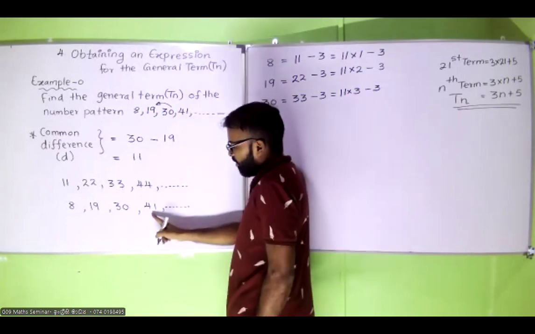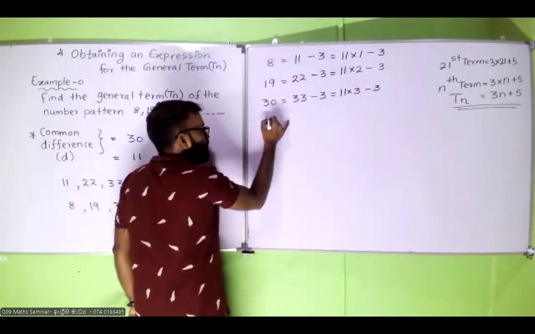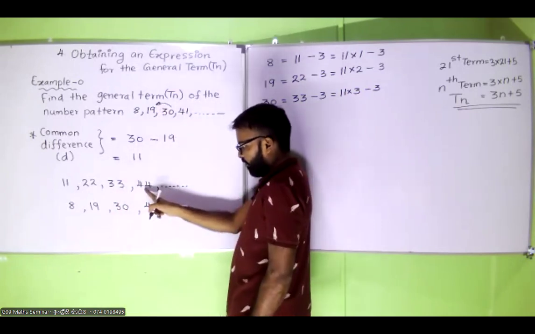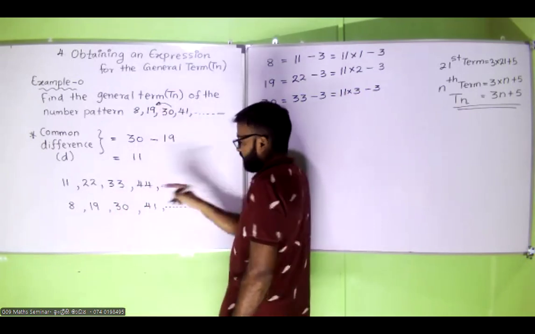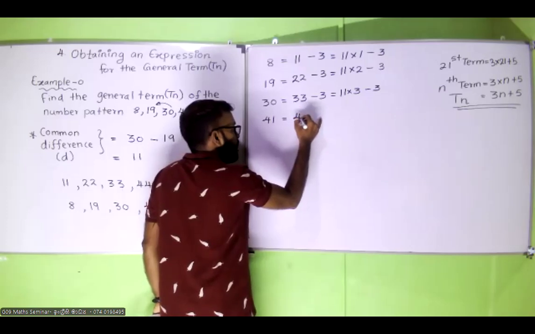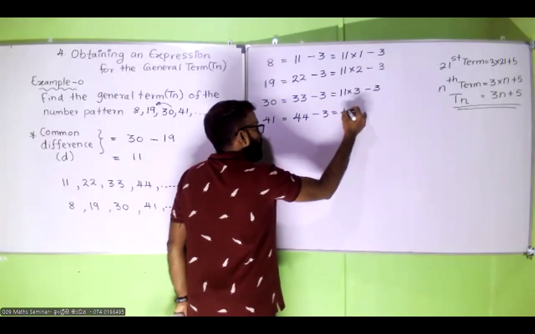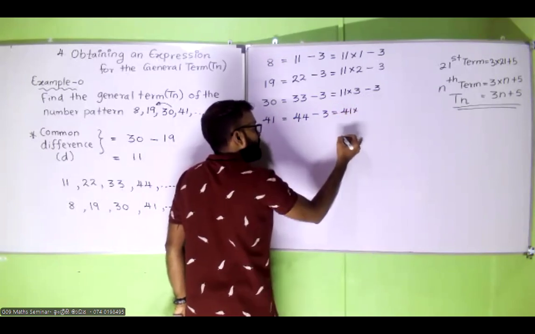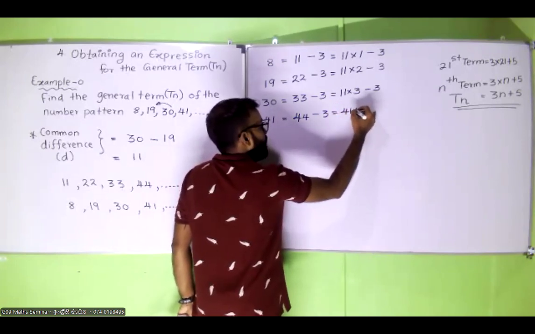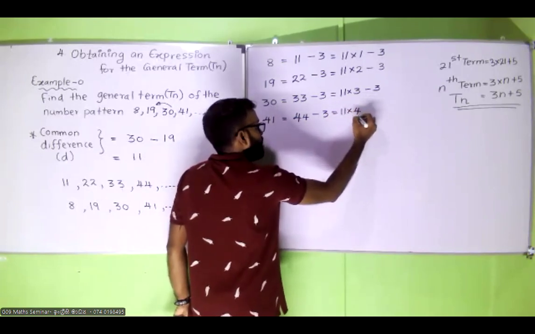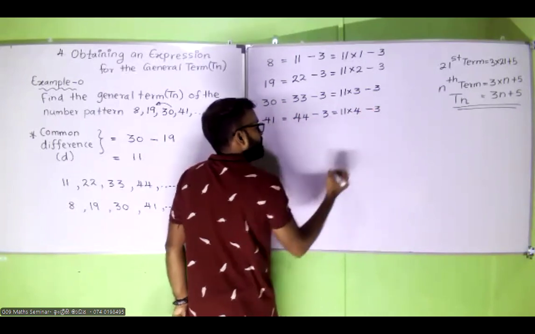Now you have 41. Here you have to obtain 41 by using 44, which is your multiple of 11. So 44 minus 3, you can obtain 41. Very nice. Sorry, 11 times 4, 11 times 4 minus 3.